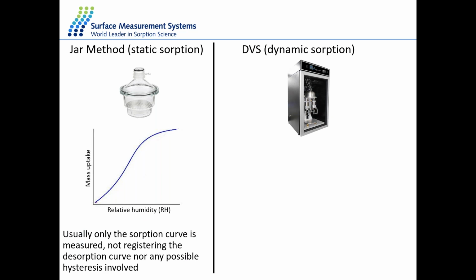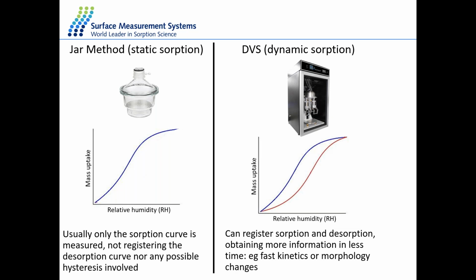Moreover, if we take the data collected with the jar method, we can only increase the relative humidity. Consequently, we can only measure the absorption, while in a DVS, we can measure the full absorption and desorption, and also measure the hysteresis, which is the gap between the measurement of absorption and desorption. So we can get a full study of the experimental data that we are collecting.